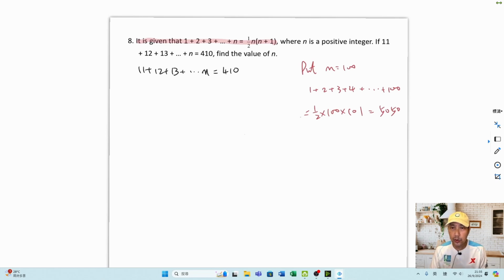Of course, we need to use the formula, but the formula given starts from 1, 2, 3, not from 11. So perhaps we can add the sum from 1 to 10 to both sides. That means we add 1 plus 2 plus 3 up to plus 10, and then we add this sum to both sides.